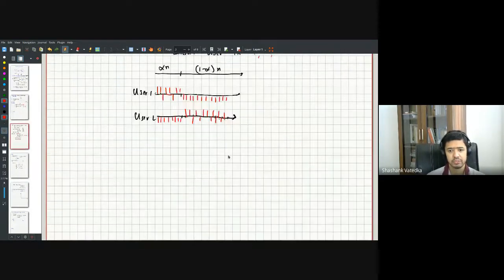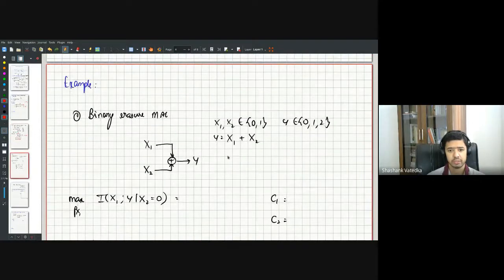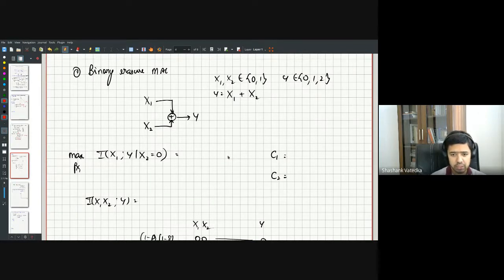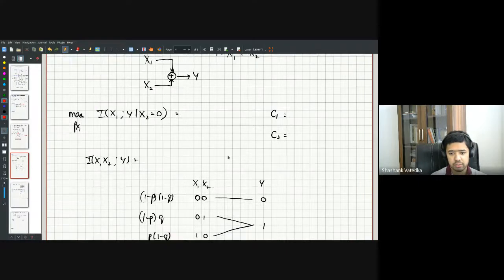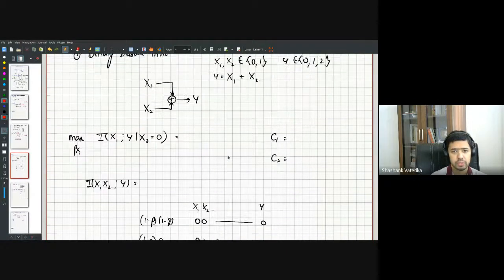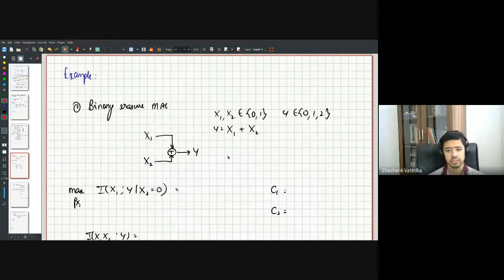All right. So let's see one particular example. Let's see something which is not an additive MAC. This is another sort of MAC, where the input alphabet is constrained. So let us assume that user 1 and user 2 can transmit only binary symbols.